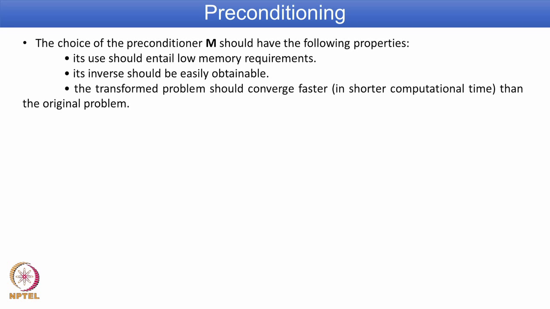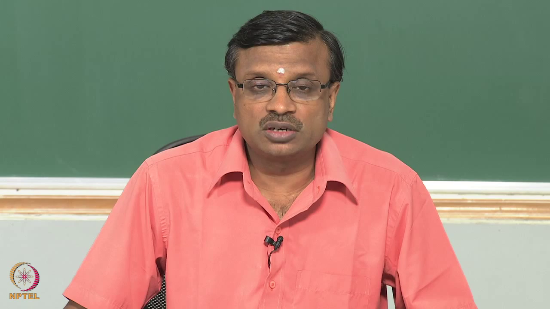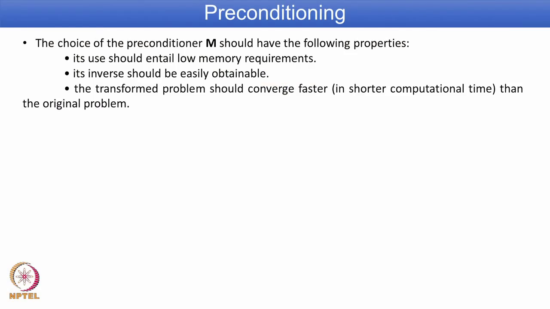Please remember, we want to do preconditioning because for the original coefficient matrix there was a difficulty in getting the inverse. We multiply the original coefficient matrix A with the preconditioner M. The preconditioner M should be easily invertible. Then the transformed problem should converge faster than the original problem.